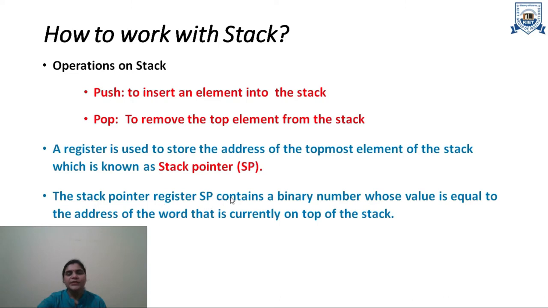The stack pointer register contains a binary number, because a digital computer processes binary data, so every piece of information is represented in binary form. So the register also stores binary information. The stack pointer contains a binary number whose value is equal to the address of the word. It will store the binary equivalent of the address of the topmost element.